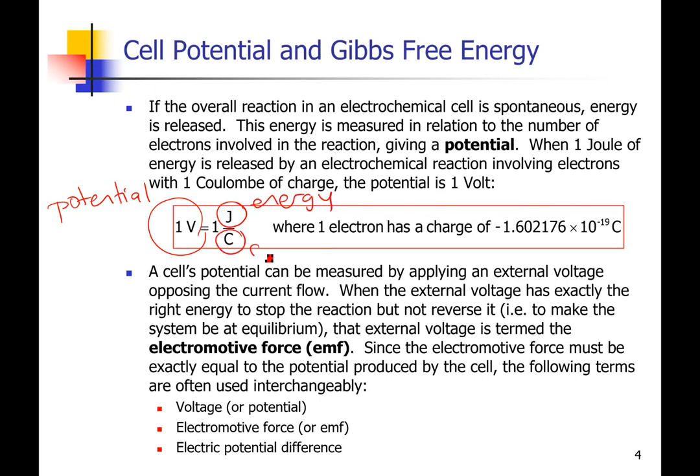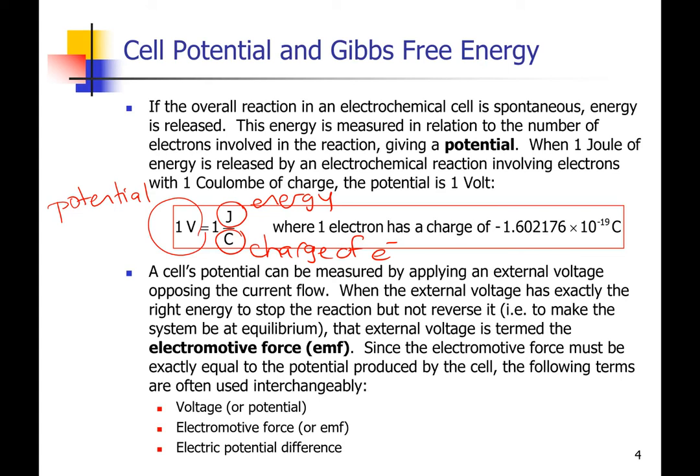And so joules is the energy and coulombs is the charge of the electrons. And because we're measuring that in energy per quantity of electrons, it means that it's an intensive property.